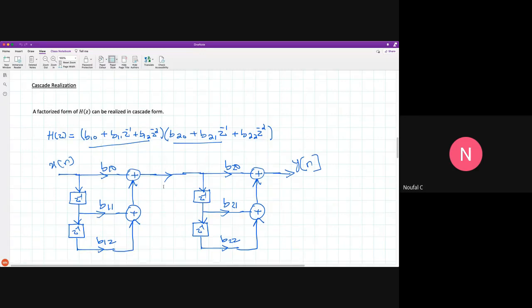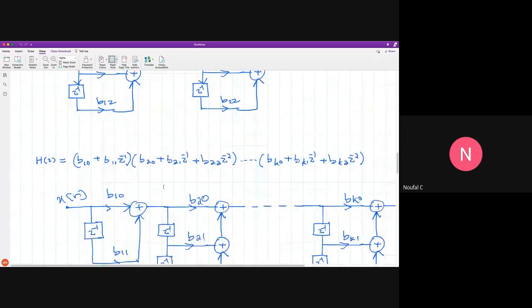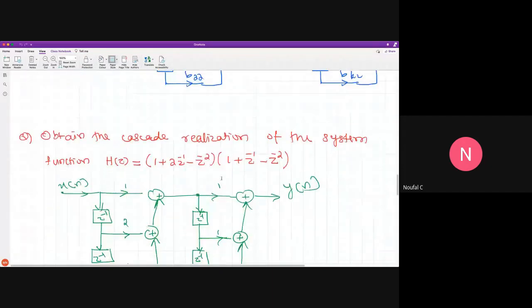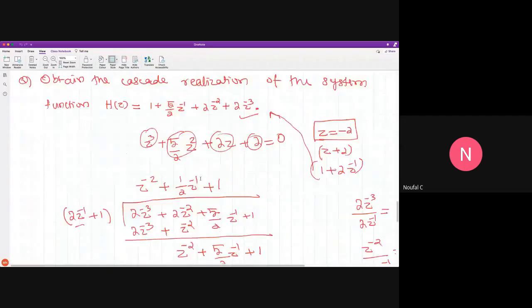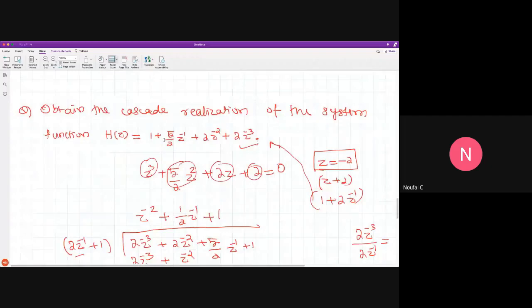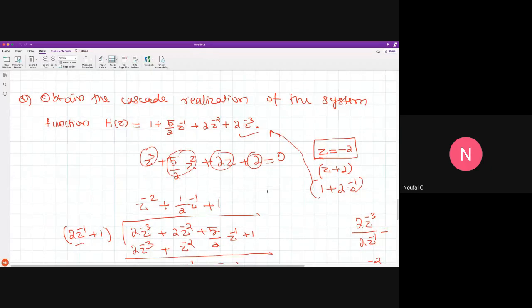Then we cascade them, so you get that cascade realization. And we had also looked at some examples of doing it, and I had also said that if the polynomial is not given in the form of factors, we have to factorize it.